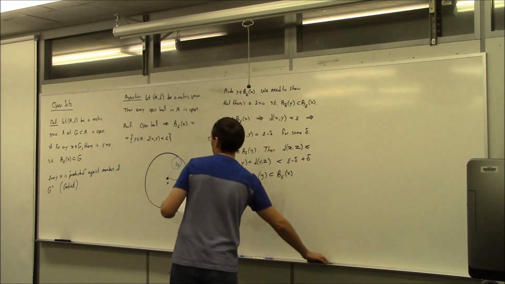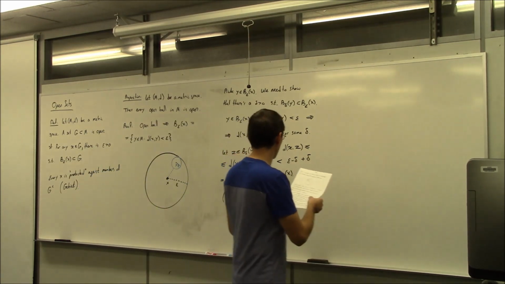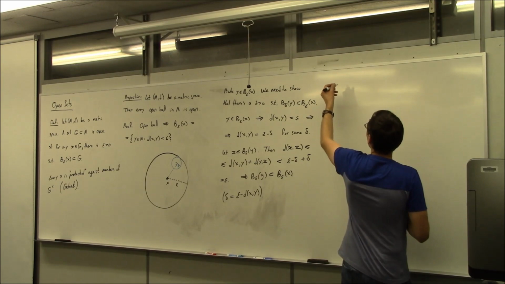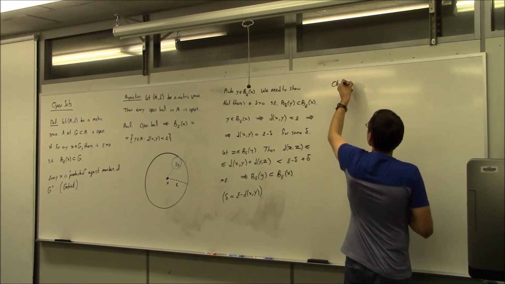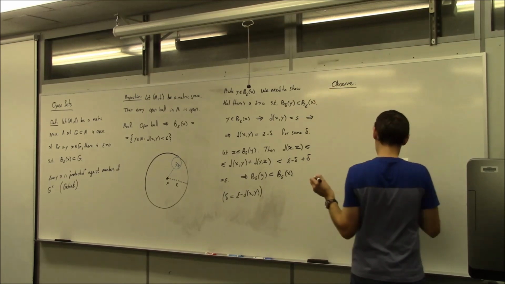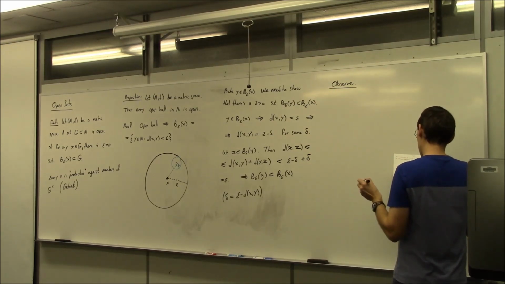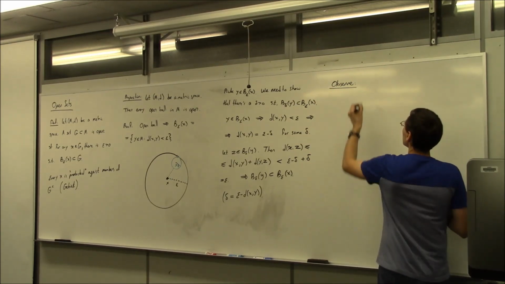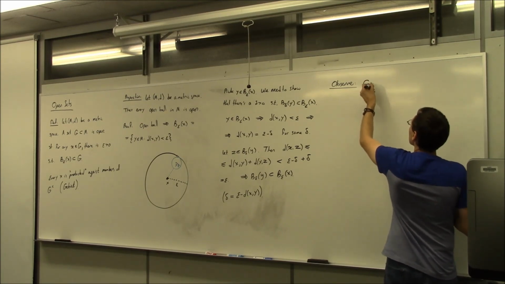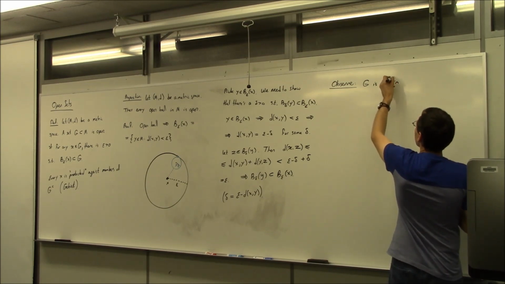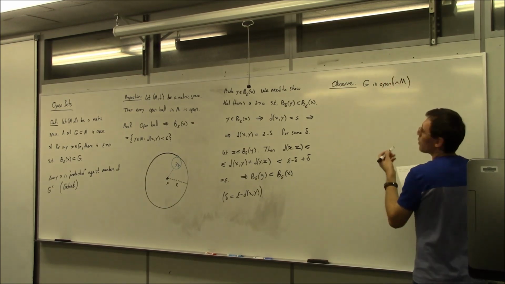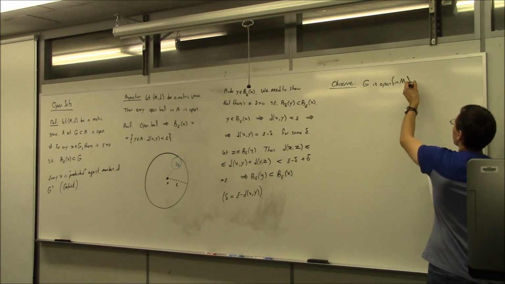So here is what we can observe. G is open in M. It's always relative to something.